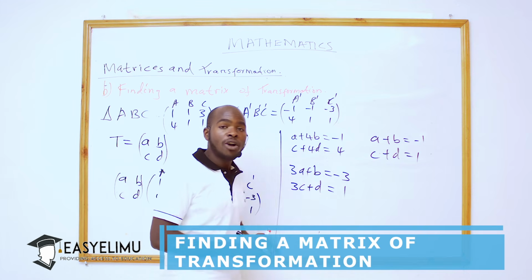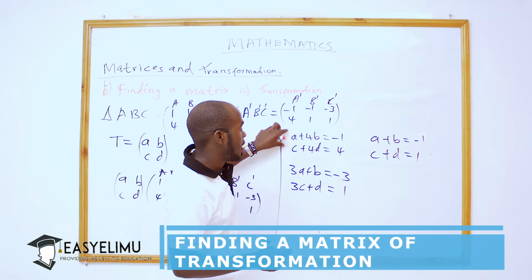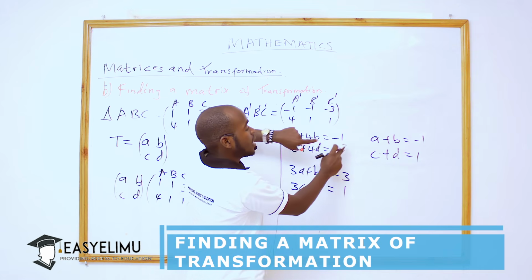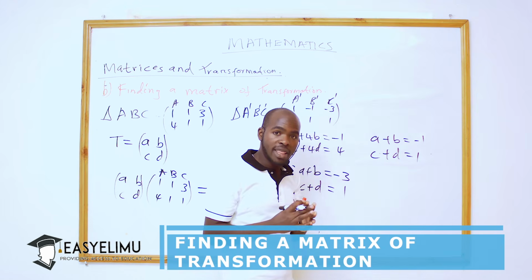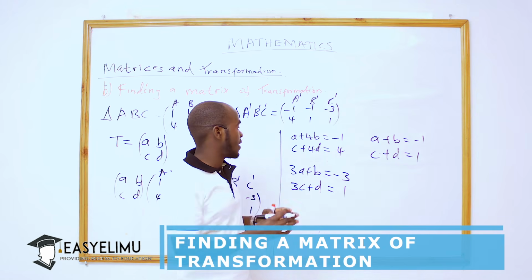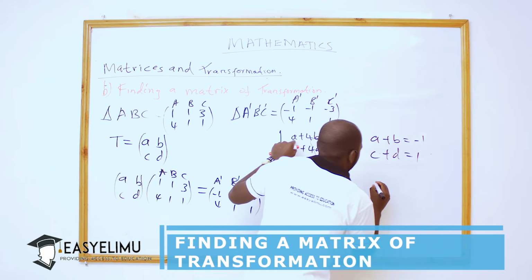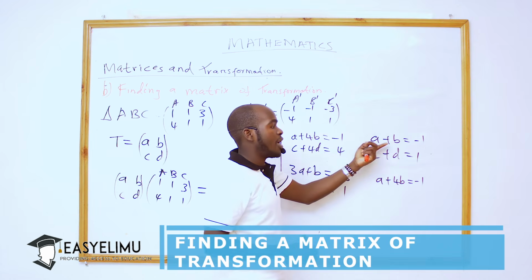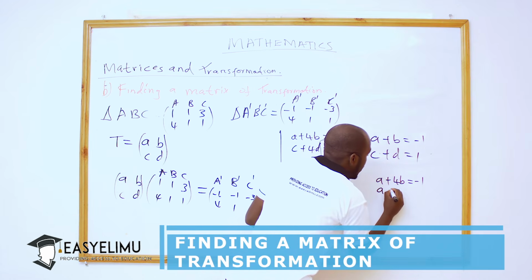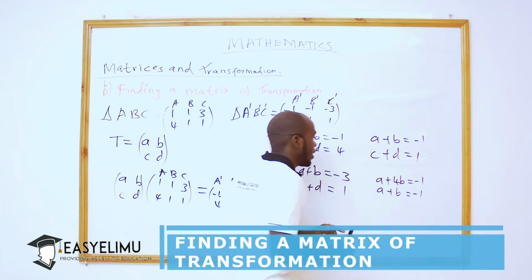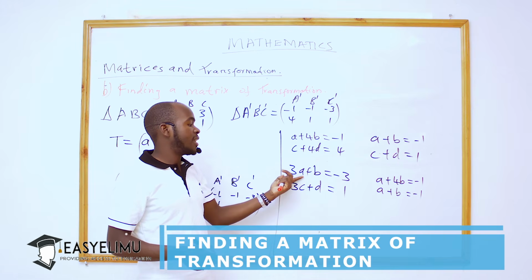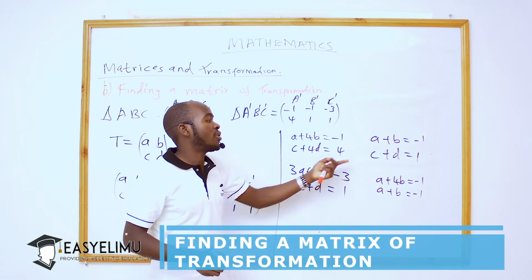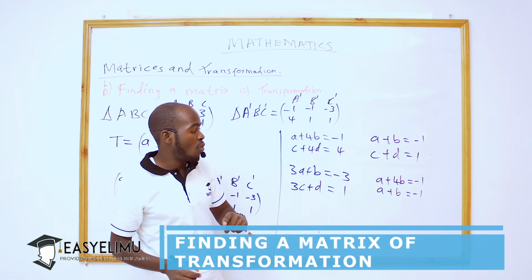We now collect the like terms. For example, we can take A plus 4B together with A plus B and solve them simultaneously. A plus 4B is equal to -1, and we also take either A plus B equals -1, or 3A plus B equals -3. Any should work.